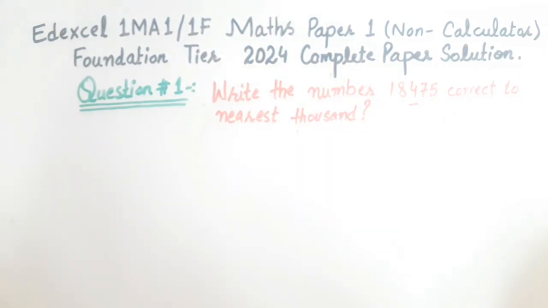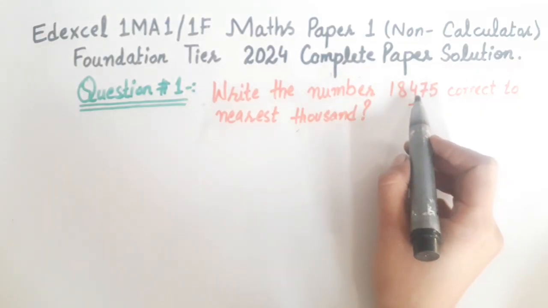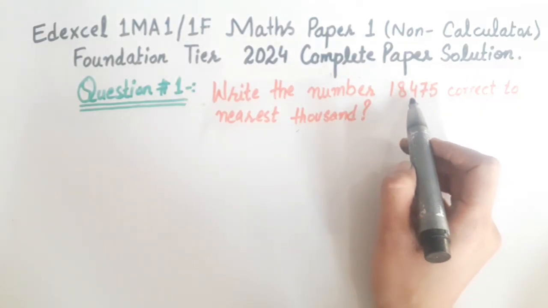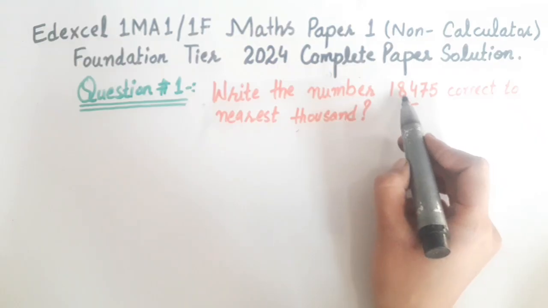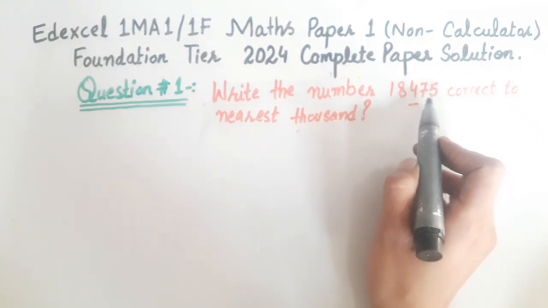You can see that 4 is less than 5, so we cannot round up. The 8 cannot be rounded off, it cannot become 19,000 since 4 is less than 5.